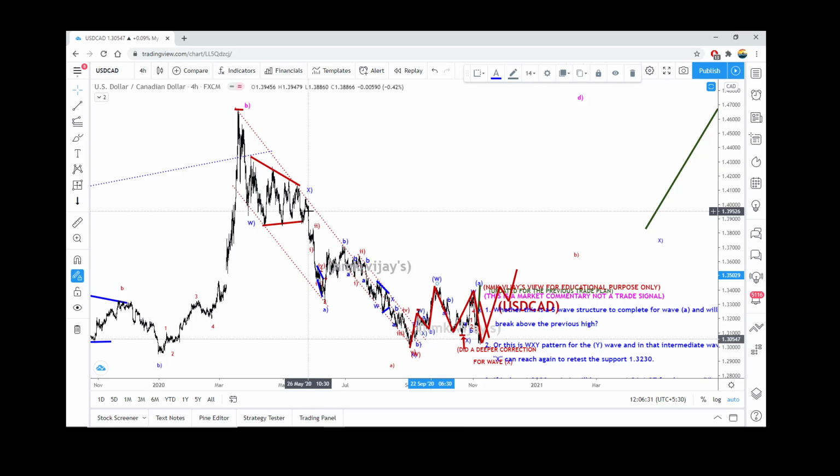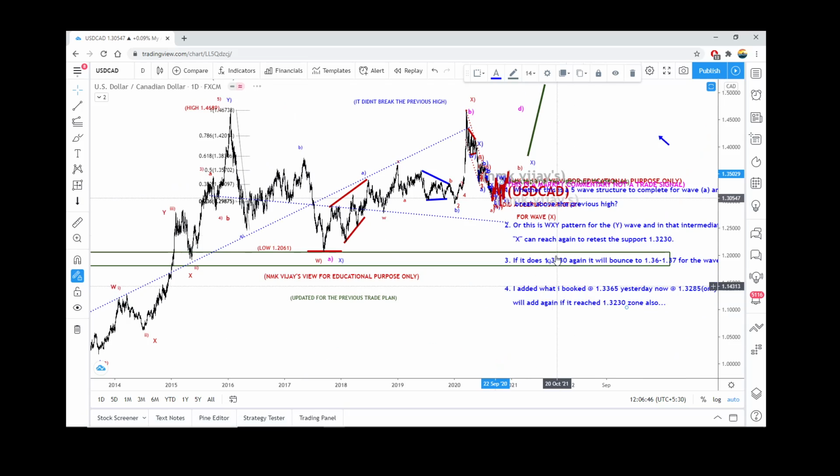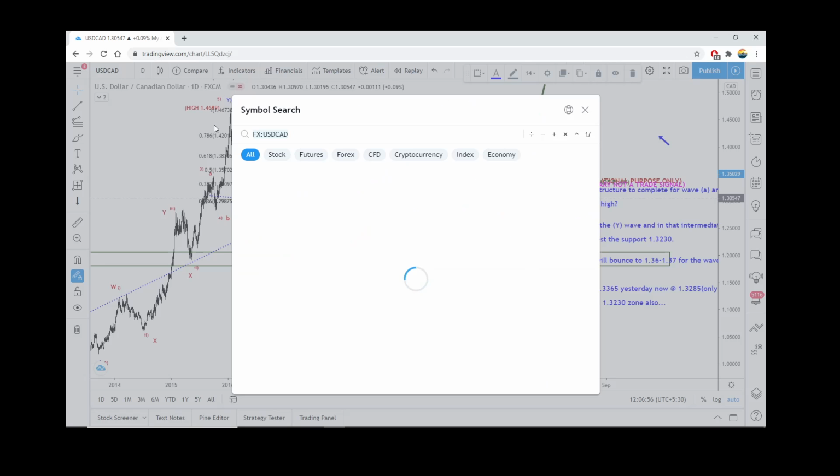So W, X, A, B, C is finished as a Y. If it is making a triangle in the X wave, this could be B, C, D, E, and then again one more X as the connecting wave, and one more A, B, C to the 2.7 is also possible. Here to the Z wave, 1.26 is also possible. So let's see how it moves.